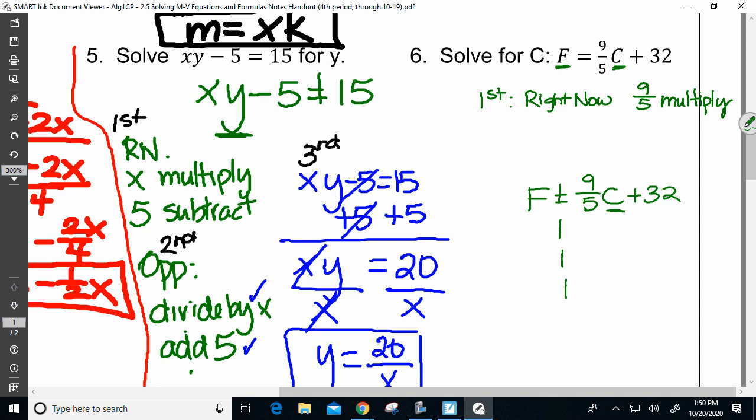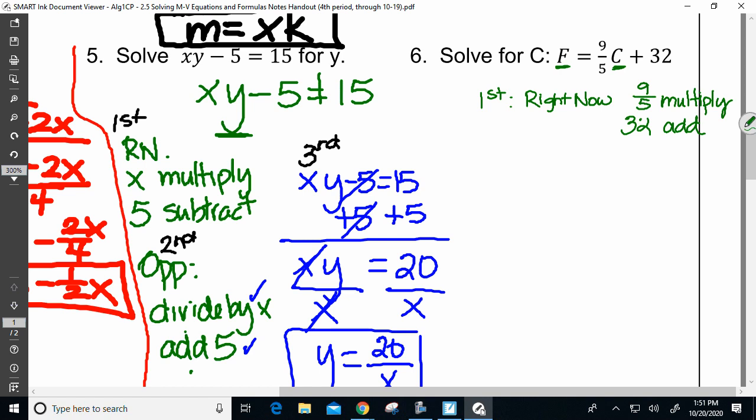There's the C. So 9 over 5 is over there, and 32 is over there. What is 32 doing? Adding. So plus 32 is adding 32. So that's what it's doing right now.